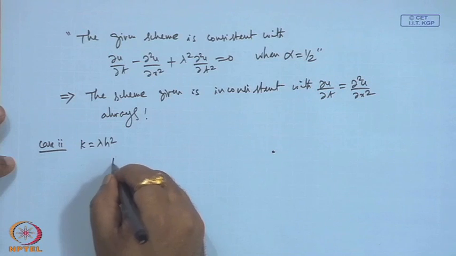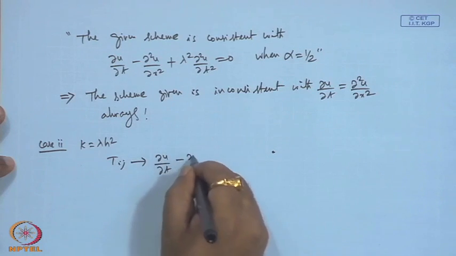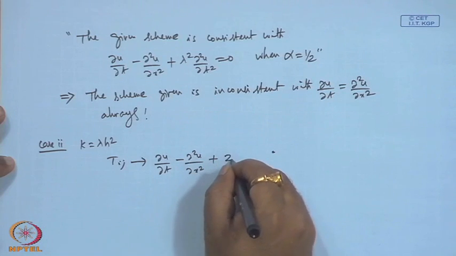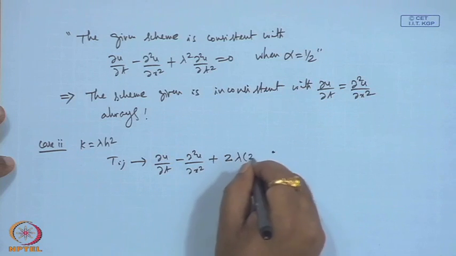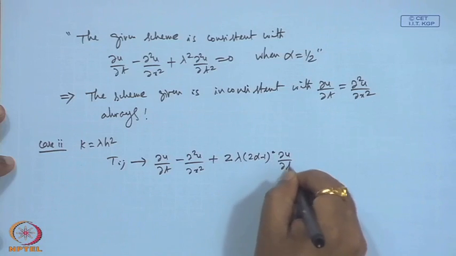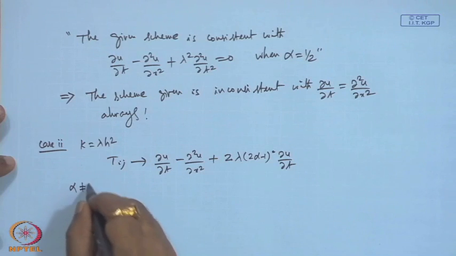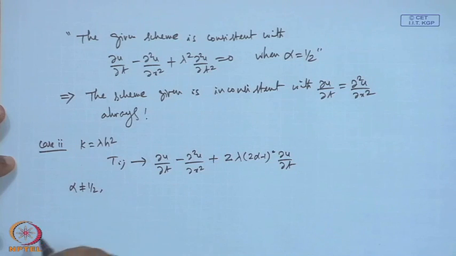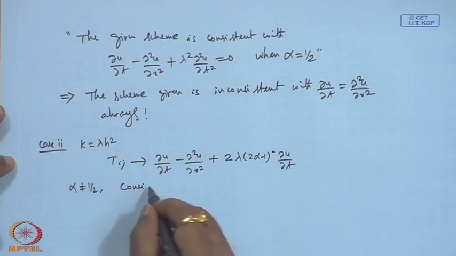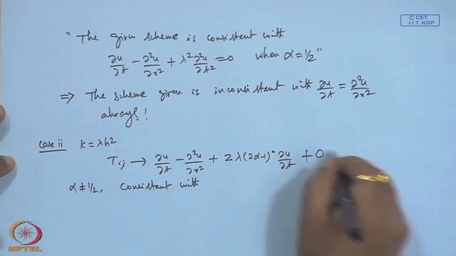So, in this case T i j goes to, then alpha not equal to half, consistent with, because you have other terms.